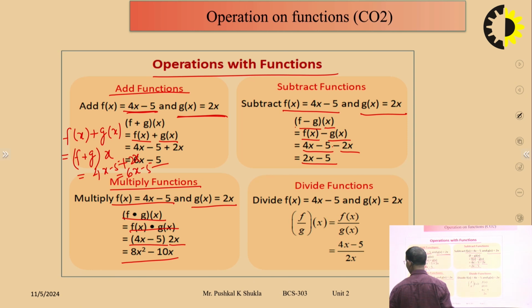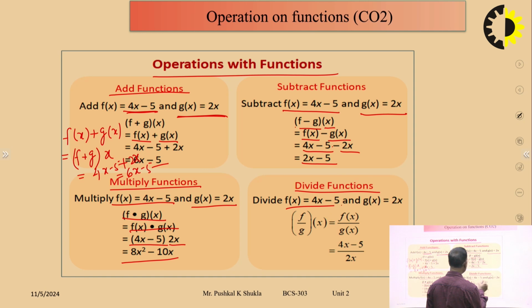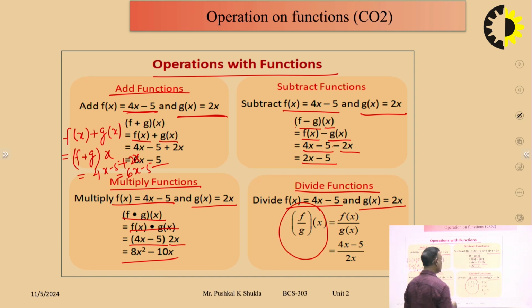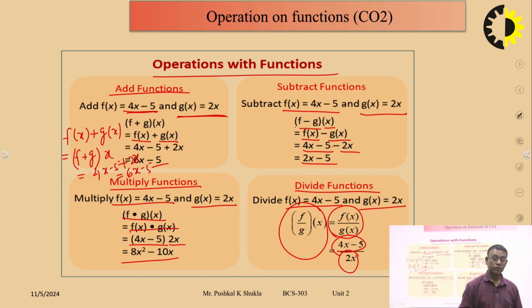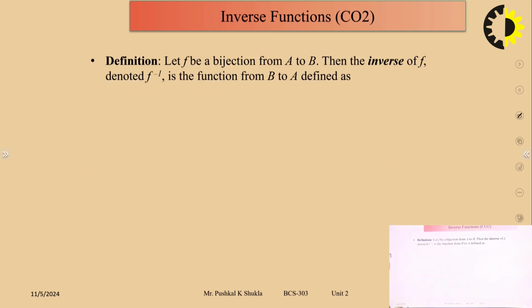So this is the multiplication of functions. Then the divide function: we write f(x)/g(x), which is (4x - 5)/(2x). There is also one important operation, the composition of functions, which we will see later.